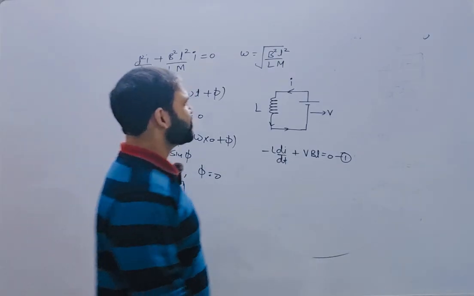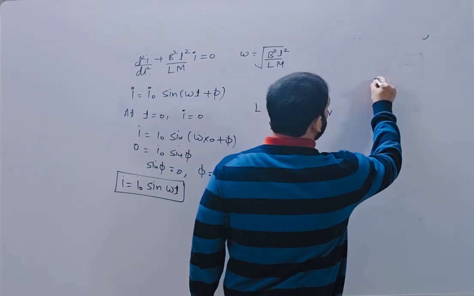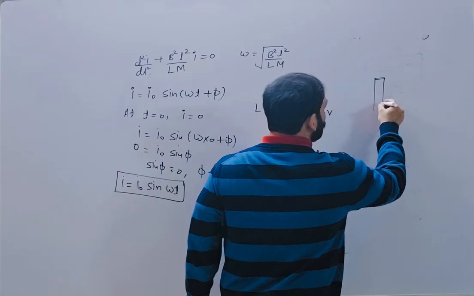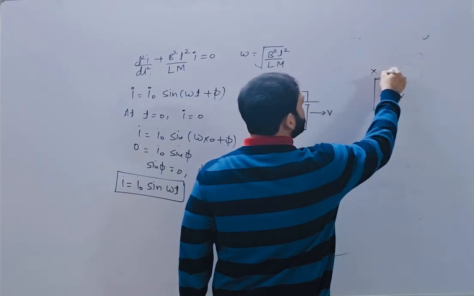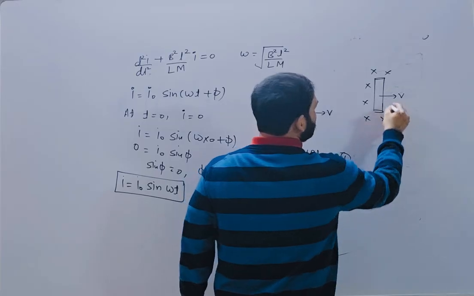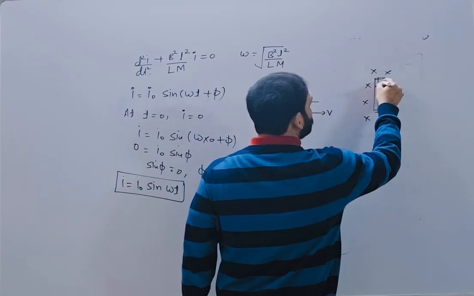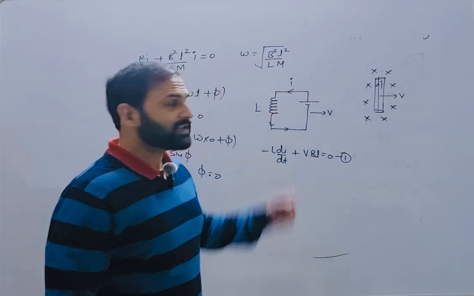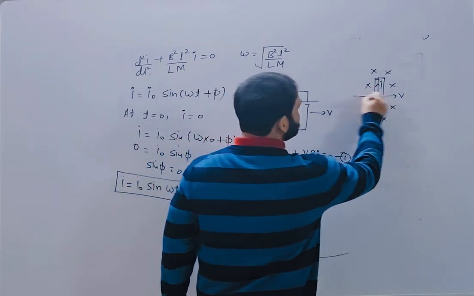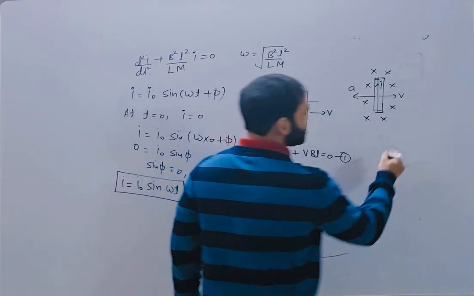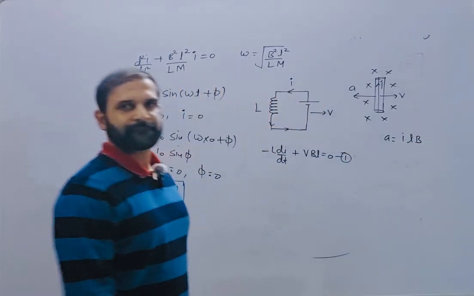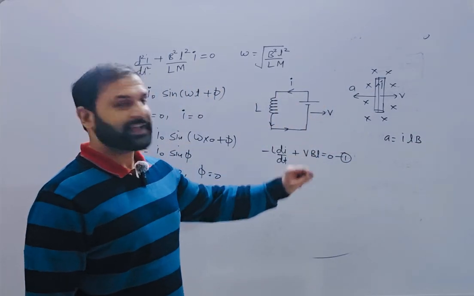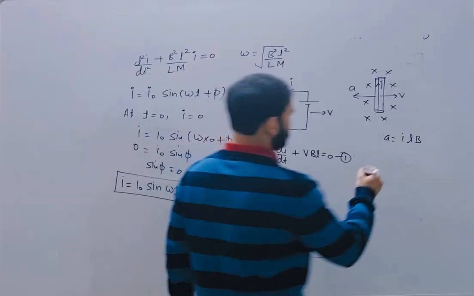Now from the second equation we can say the rod is moving with velocity v in the magnetic field, and current I is flowing in the rod. So it is under retarding motion. So its retardation a can be written as a equals ILB/m. But we can write a as minus dv by dt.